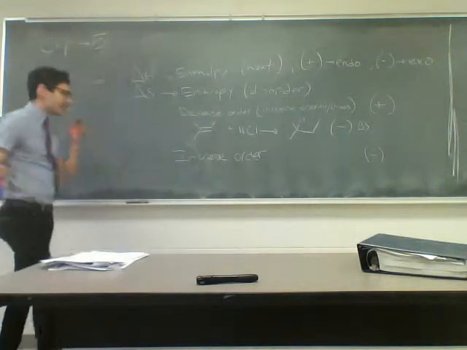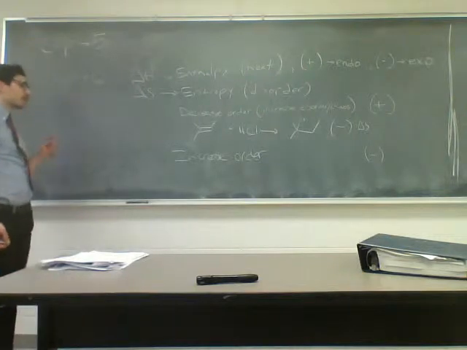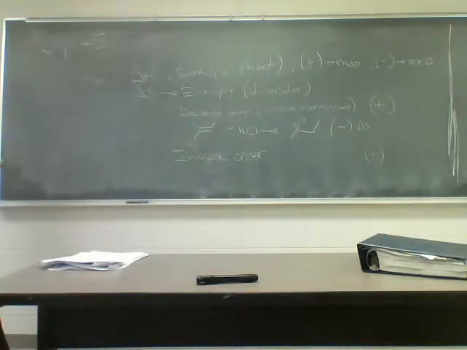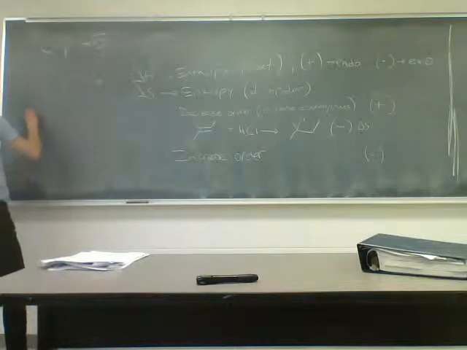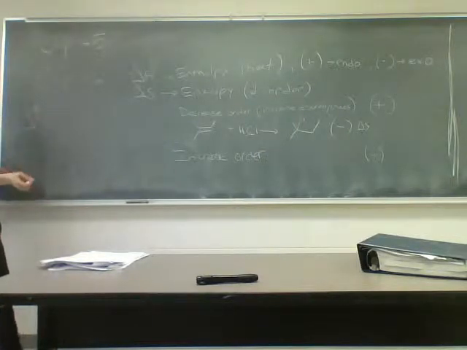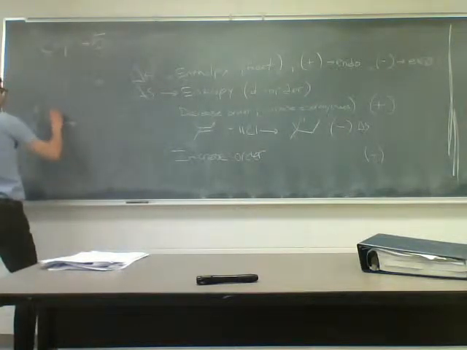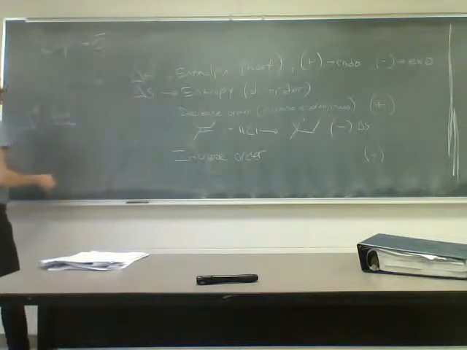A reaction with a positive delta S. Can I come up with one of those? That's organic chemistry right off the bat. Yeah. If we have this, we're going to do this acid catalyzed.